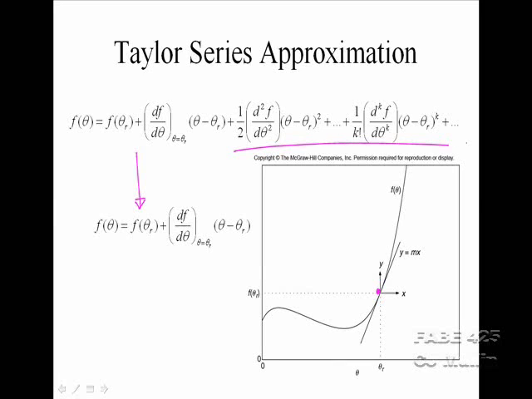The reason we can do that is if theta is reasonably close to theta r, then as soon as we start making this squared or cubed or all the way up to the k power, this term becomes so small that these terms become insignificant compared to the first two. So for most of our applications, we can neglect these higher order terms because we're talking about the function close to that reference point.